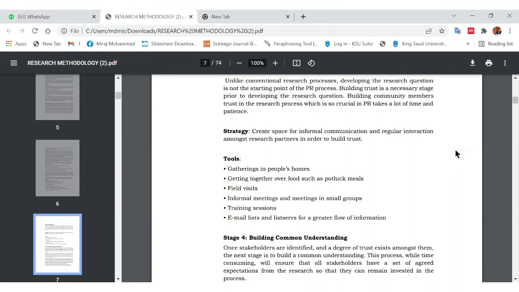I might use different, unorthodox methods for collecting data. I might use different methods in order to know the mindset of the people. I might have informal meetings, go on field visits, have different training sessions, and take the email IDs of all the members. So, in order to create this trust.